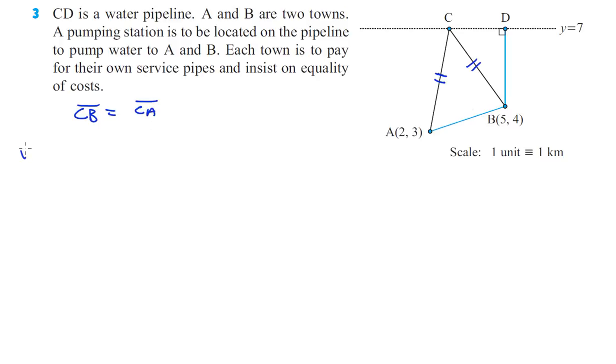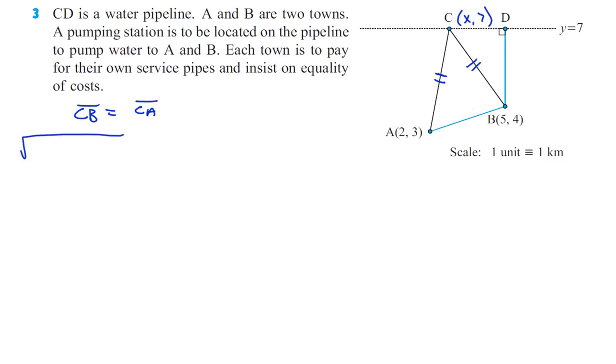So again, back to the distance formula. So from C to B, we know that the y equals 7. We don't know what the x is, but we know that the y is 7. Okay, so let's do that.